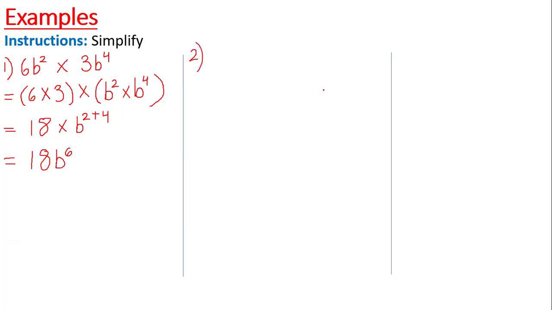So let's say we have 7h to the power of 4 multiplied by 8h to the power of 5.